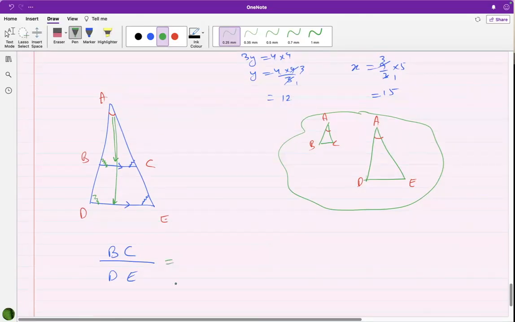I'll do it again with different sides. Now, if I select this angle, opposite to this angle, there is AC. And same angle opposite to that is AE. Do you agree? Yes. And with the third one, this AB double tick, AB and AD. So we just need to know which sides are corresponding to each other.